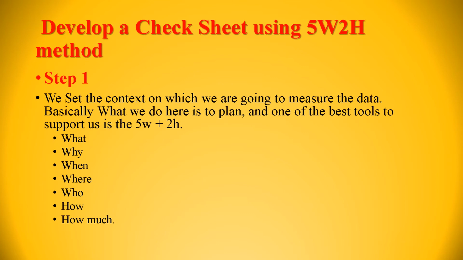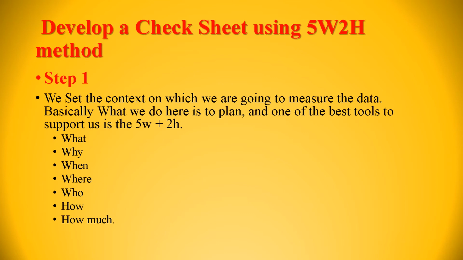First of all, you ask what you are going to do, then why you are going to do it, where is the place, then when you are going to collect that data, then who is going to do it, the method, how you are going to collect it. Finally, you show the how much, how many times, how much expenditure you have to bear for those things. Those pieces of information have a relationship with each other.